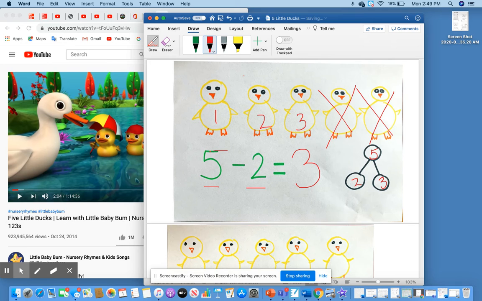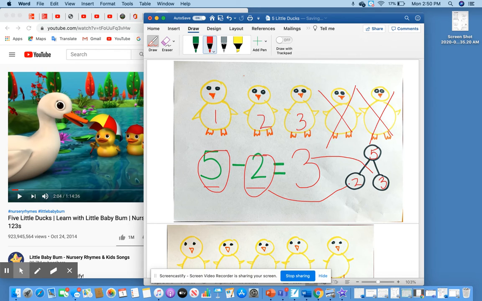So the 5 is our total. The 2 is one of our parts over here. And the 3 is going to be the other part. And remember, when you put two parts together, it makes the total. So if we put 2 and 3 back together, it would make 5.